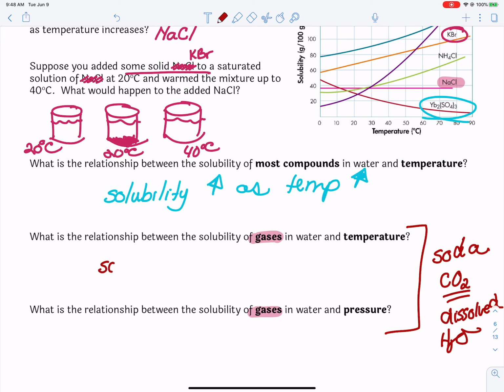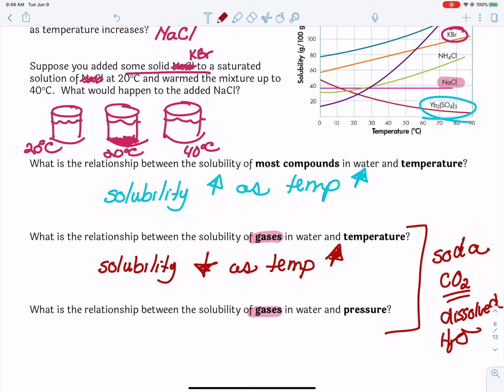So with gases, it's exactly the opposite. The solubility decreases as the temperature increases, right? You want to keep your soda from going flat. You've got to keep it in the refrigerator. And then what is the relationship between the solubility of gases and pressure, right?